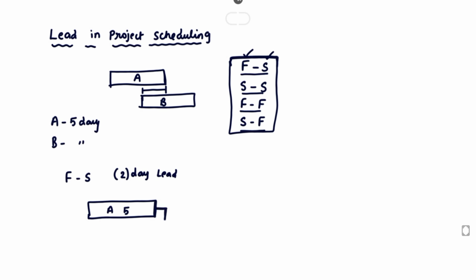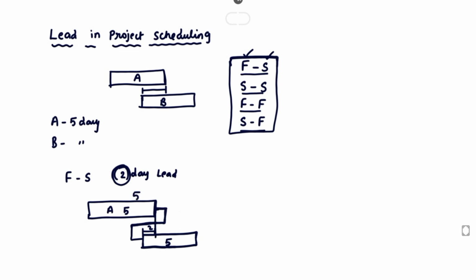Finish to start: whenever the first activity is finished, after that the second activity will be started. This is 5 days. The lead time is 2 days. So here, of the 5 days, the remaining 2 days will be lead.